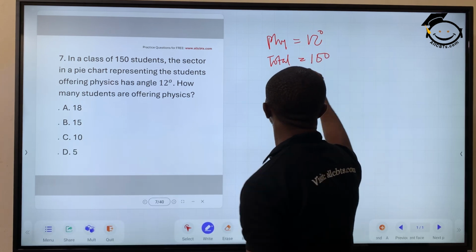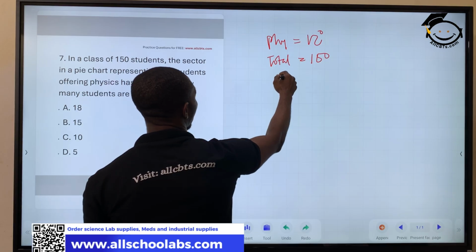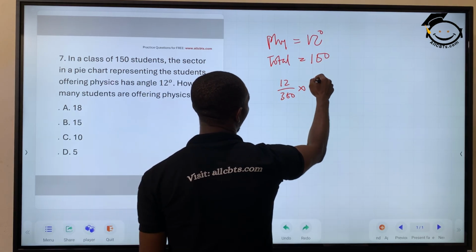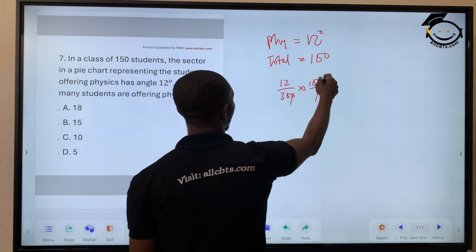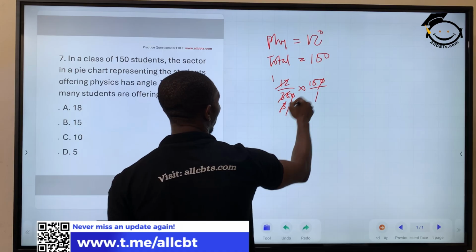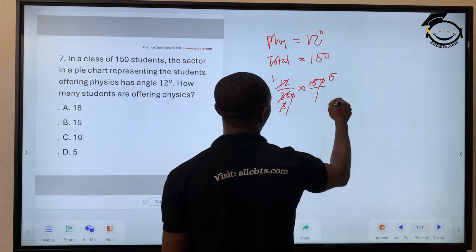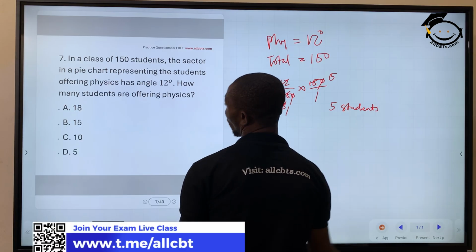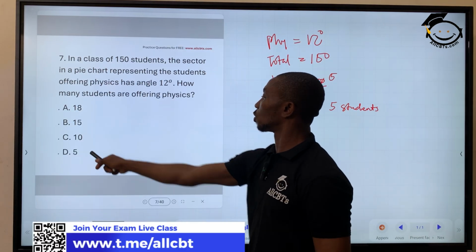All right, so for us to get our answer, this is 12 over 360 times 150 over 1. 0 cancels 0. 12 here 1, 12 here 3. 3 here 1, 3 here 5. So there are 5 students offering physics, which is our option D.